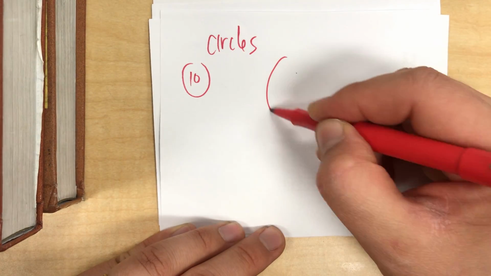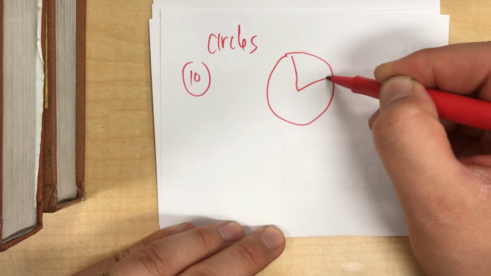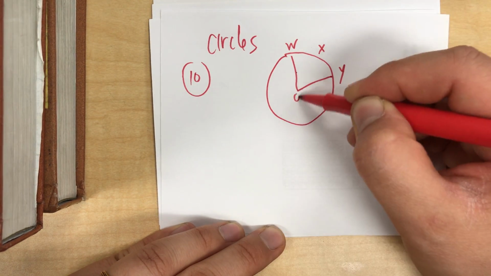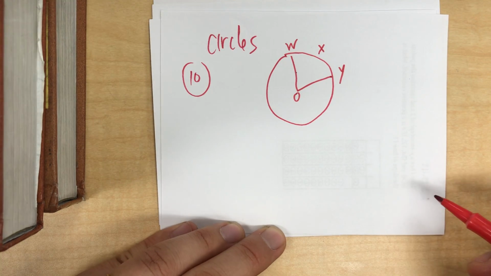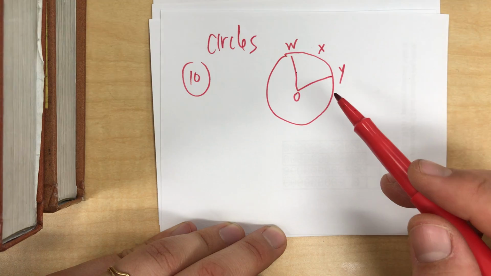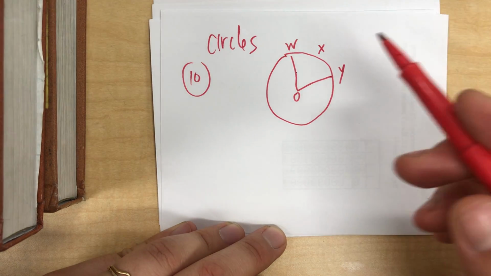Okay, so in this circle we have W, X, Y, and O. It says that the figure is not drawn to scale, so do not trust this picture.